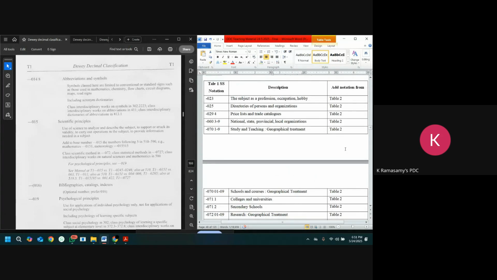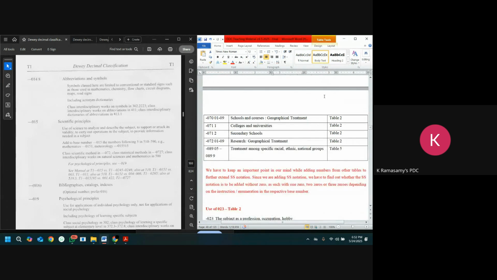What I want to say is that standard subdivisions can be further extended with the help of numbers taken from all these tables also. Previously, I told you standard subdivision can be extended with numbers taken from the schedules. Here, it can be extended using numbers taken from various tables, including table 2 and table 5.